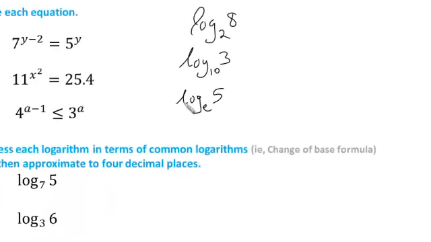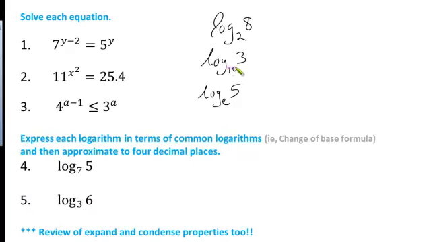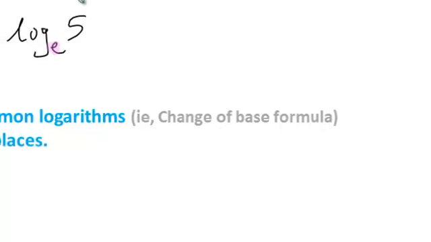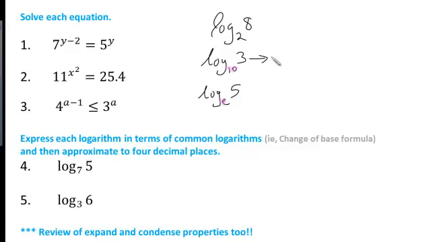As you can see here, this has a base 10 and this has a base e. The thing is that in the real world, log base 10 is used quite often. It's very common. So since this is so common, we get tired of writing base 10 all the time. So we just end up dropping the 10. So if you see something without a base, it's implied that the base is 10.